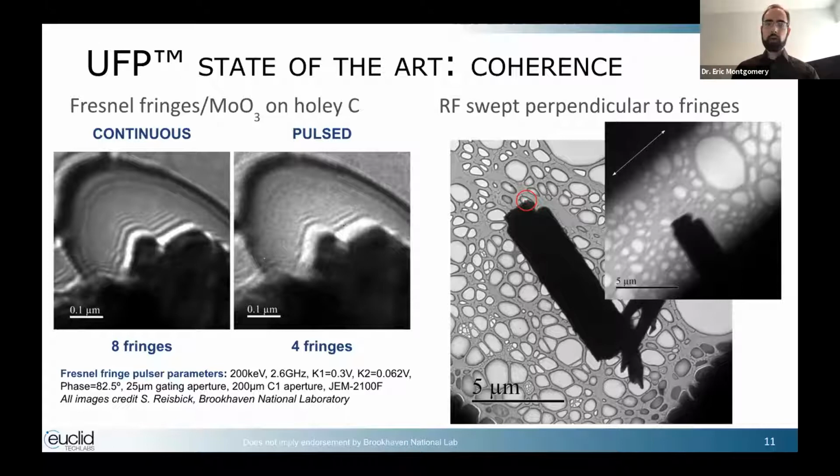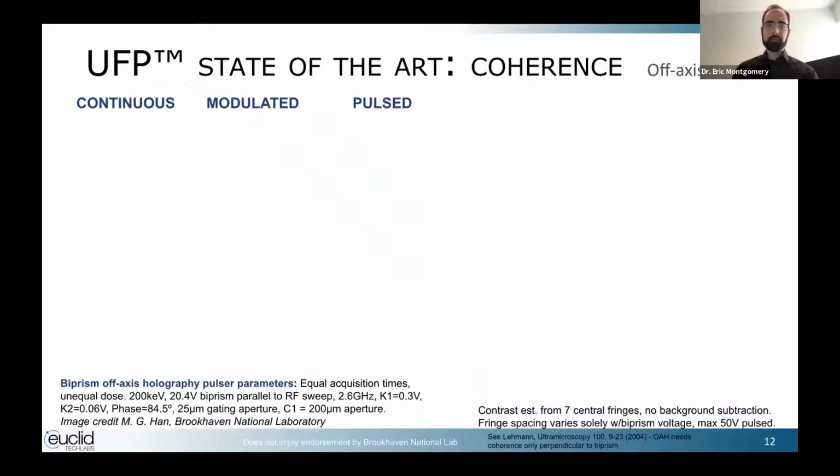And really what's going on is that as you sweep the RF, it sweeps the beam in one dimension, as shown by the white arrow on the upper right. And the other dimension is essentially unchanged. So you increase your effective source size in one axis, but not the other. And this allows you to get a very coherent beam, especially when you sweep the RF perpendicular to the fringes, which is the key to get images like this.